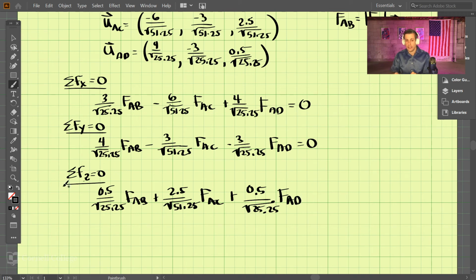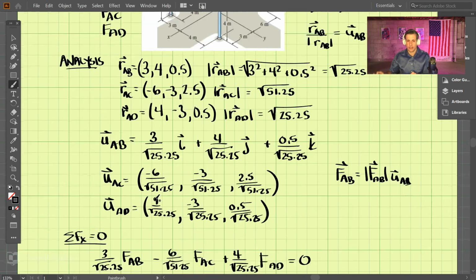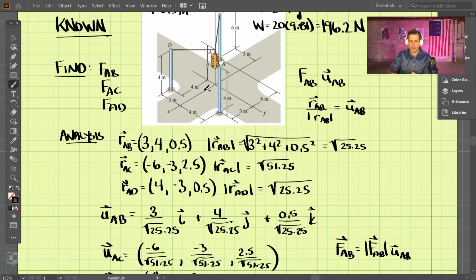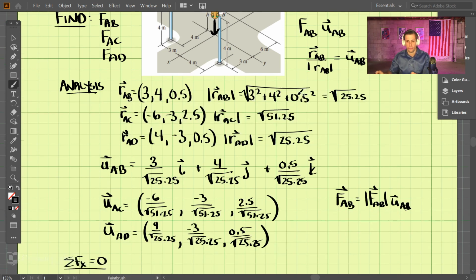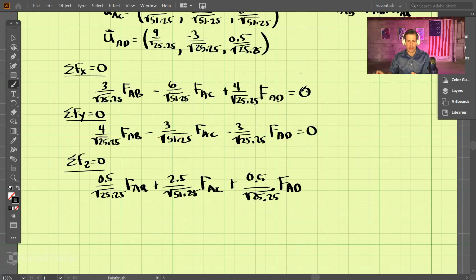And remember, in the z direction, we have to take into account the light. The light is actually pulling downwards at a weight of 196.2 newtons, so we need to make sure we add that to our equation in the z direction. So we have 196.2 newtons there, and set that equal to 0.